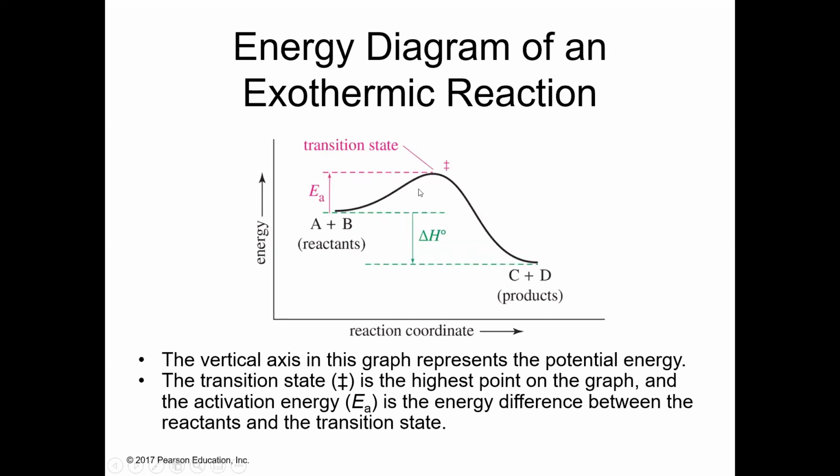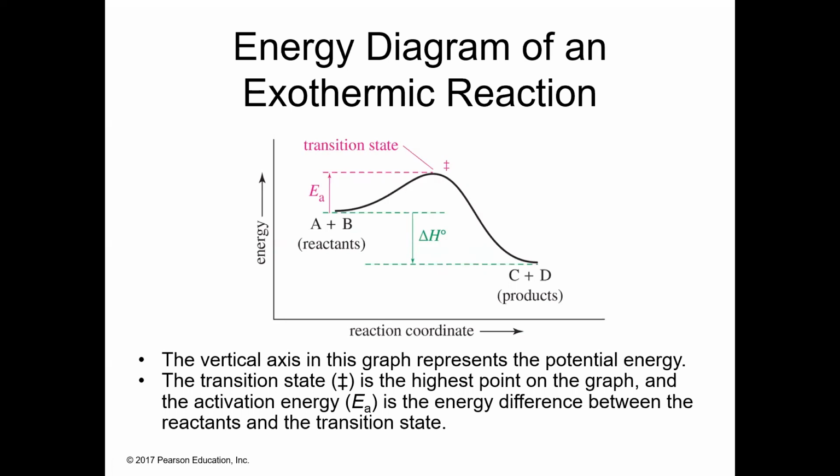The smaller the activation energy, the faster the rate. This is exothermic because the energy of the products is lower than that of the reactants. And so the difference between the reactants and products is delta H. And in this example, delta H would be negative.